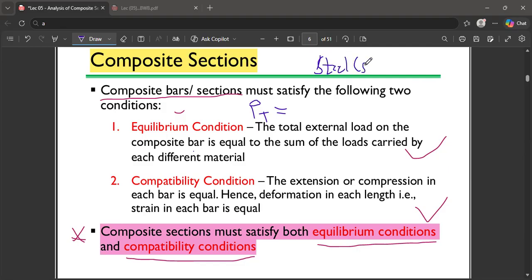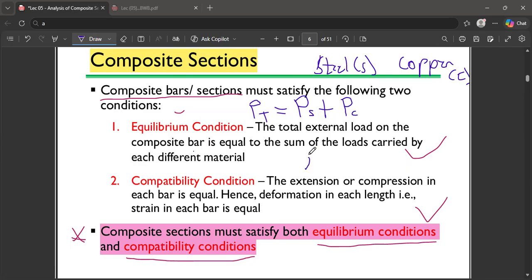Steel is represented as S, and copper in this case we can denote as C. So if you see P_C, just know that it is the load in copper. P_S is the load in steel. So P equals P_S plus P_C, and this is what the equilibrium condition is talking about.